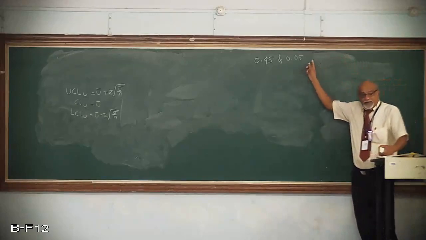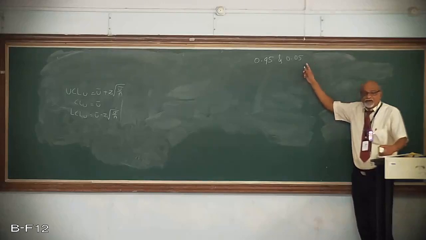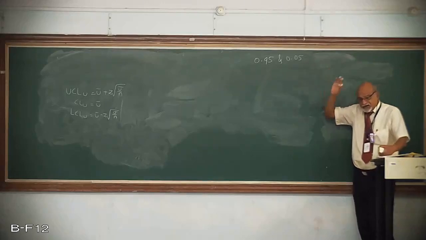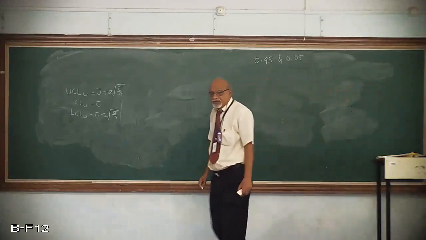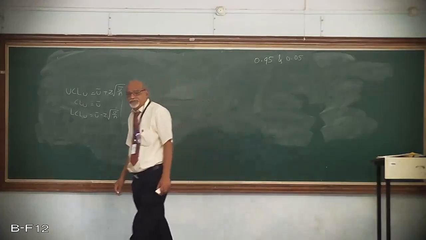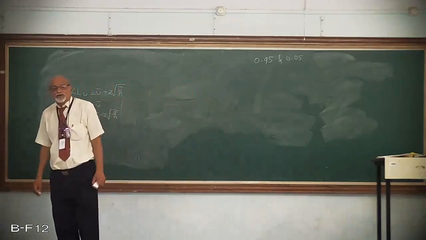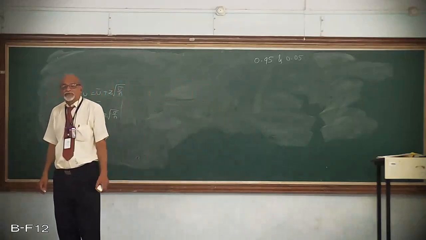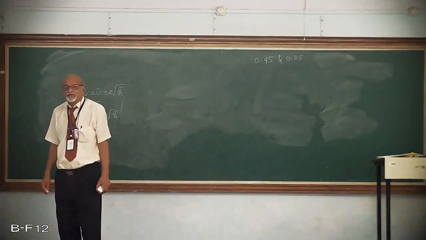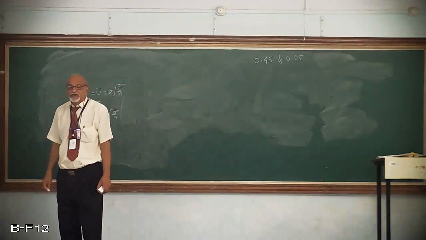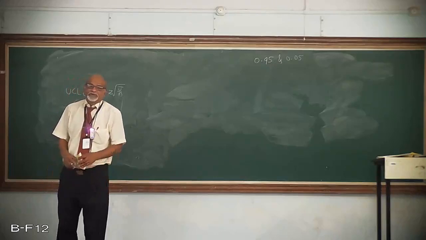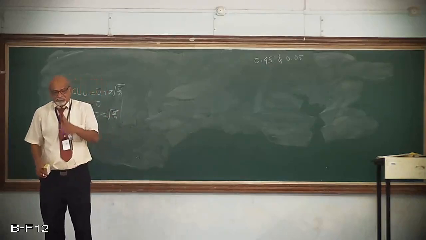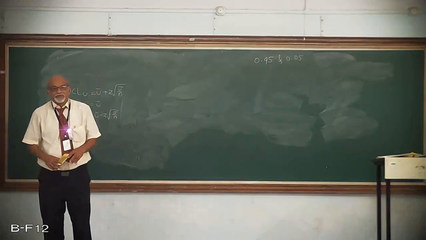In an objective, yes, it is very well defined. I want 99% of the students to pass, like that, I'll fix up. Or we say 99% or 95% of the students should get marks below this value.